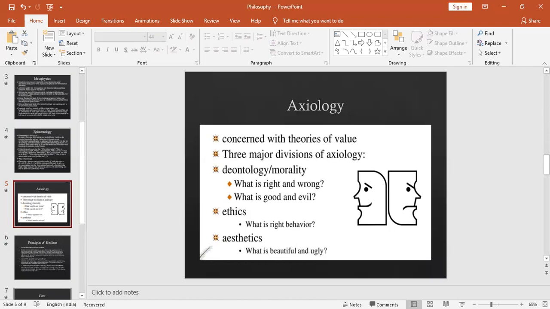To understand these three broad areas, we need to understand certain things, the basic things like what is knowledge, what is reason. When you understand these three broad areas of philosophy, then it is very easy for us to understand the theories which are given in your syllabus, right?